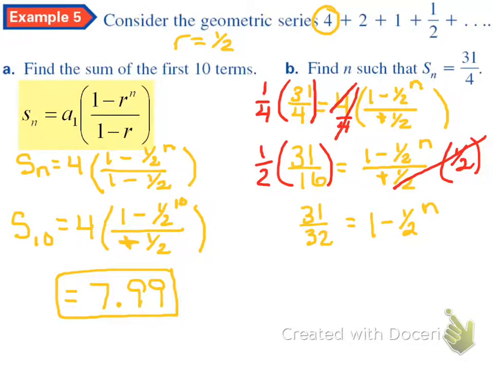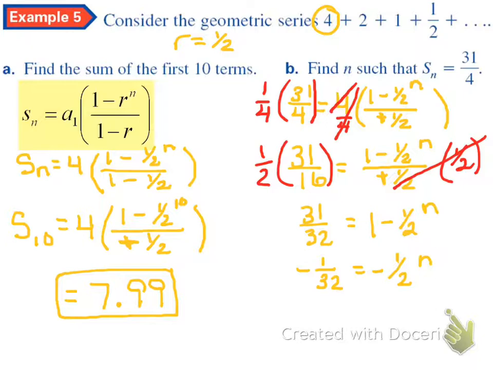Then we would subtract 1 from both sides. So we want 31 over 32 minus 1, or 31 over 32 minus 32 over 32 would leave you with a negative 1 over 32. Is equal to a negative 1/2 raised to the nth power.